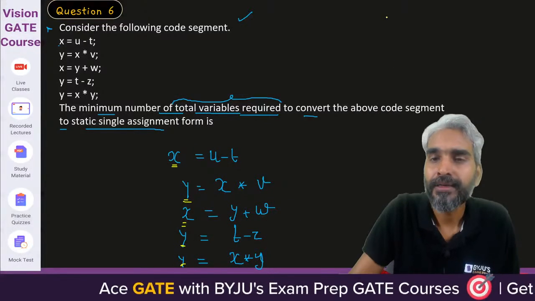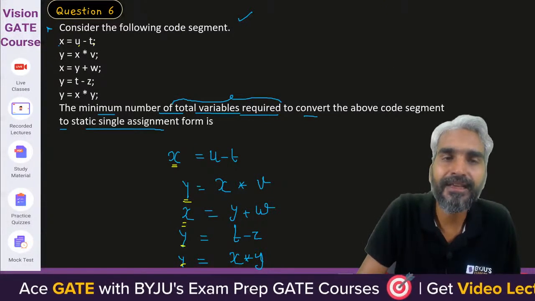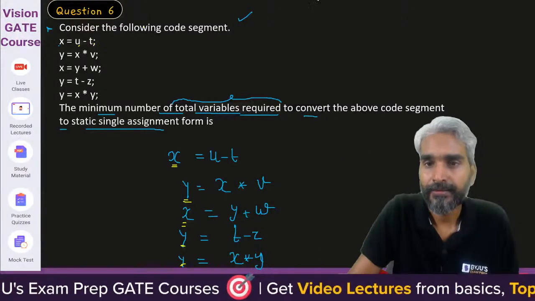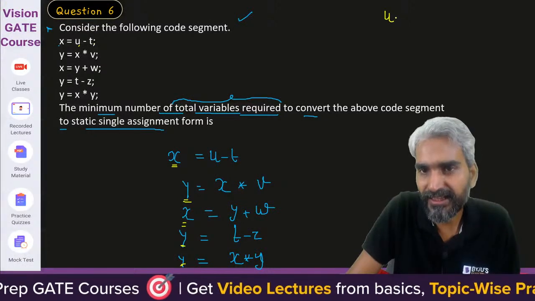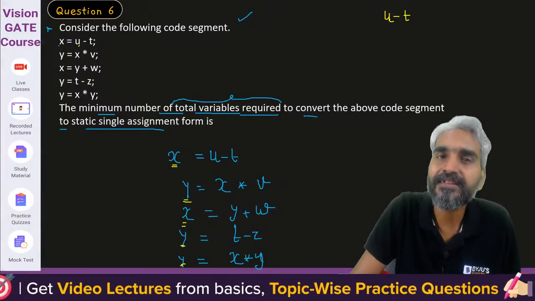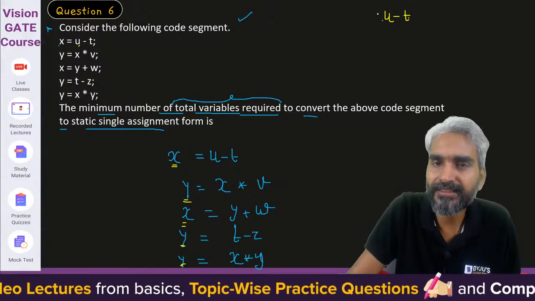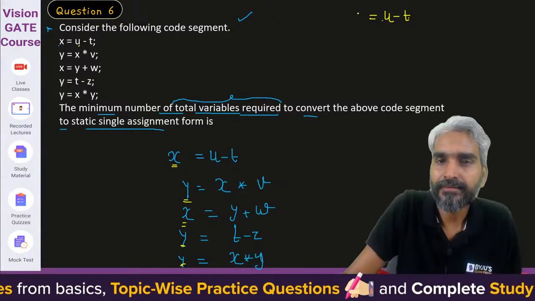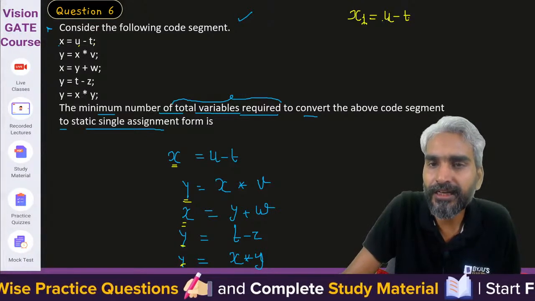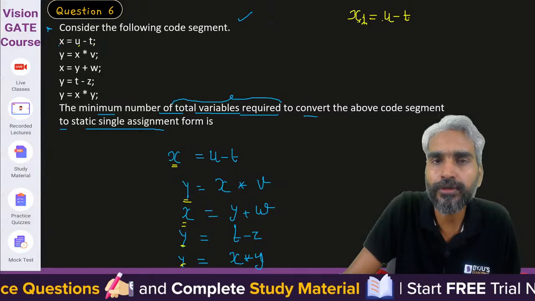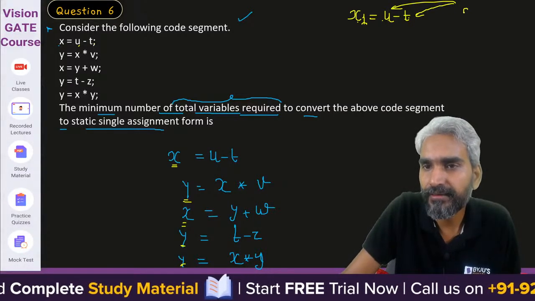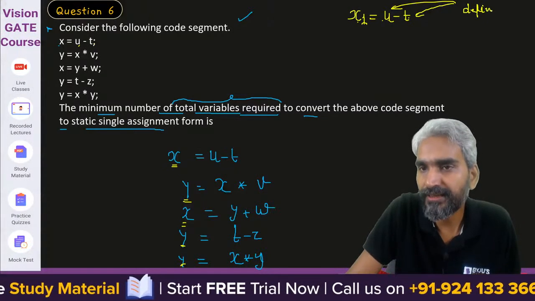So let's assume that u and t are coming from outside. So you can use u - t as it is, or you can see that u and t are assigned externally. Then the result of u - t is stored in x1, let me call it x1.